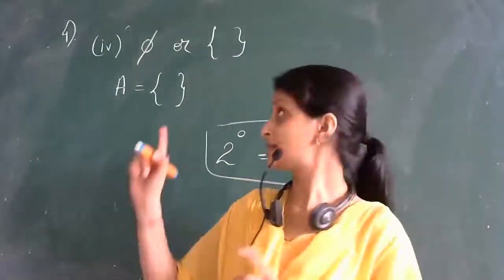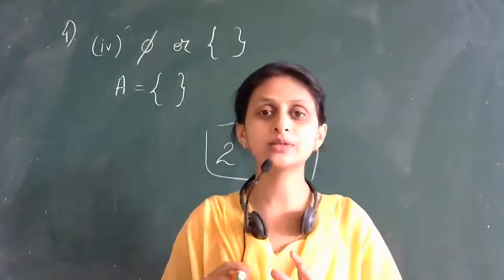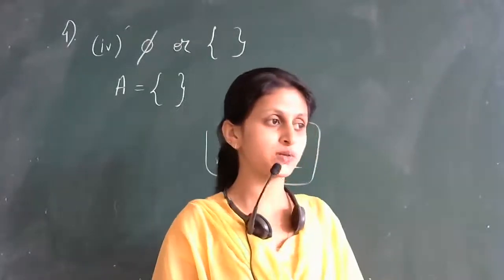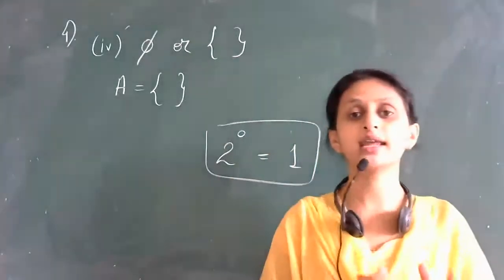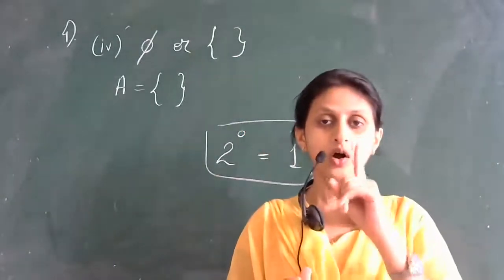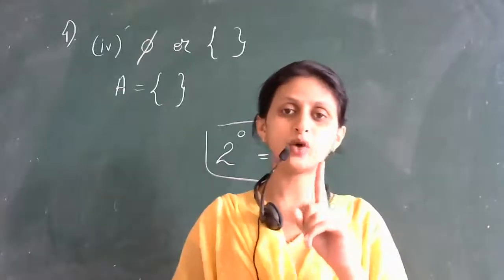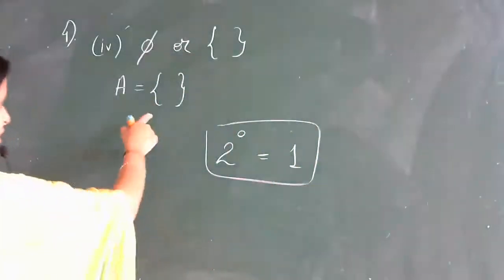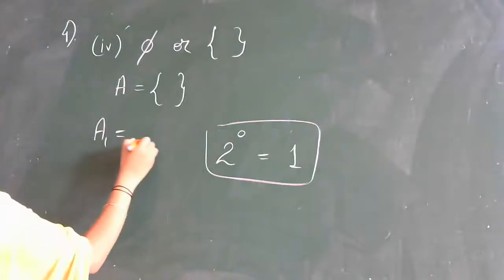And also remember this as a result. If they ask you, how many subsets can an empty set have? Then you must answer 1. You will always have one subset for an empty set. Is that fine? So what will that one subset be?